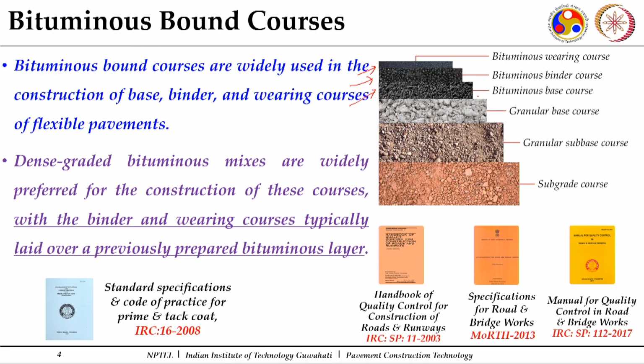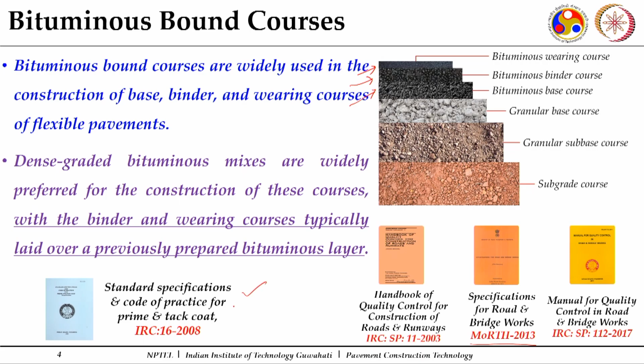While discussing these aspects, we will refer to different codal standards, textbooks and various other sources, including some of the important ones which are specifically followed in India. You can see we have the Specifications for Road and Bridge Works, MoRTH 2013. We have the IRC SP 112 manual for quality control in road and bridge works.